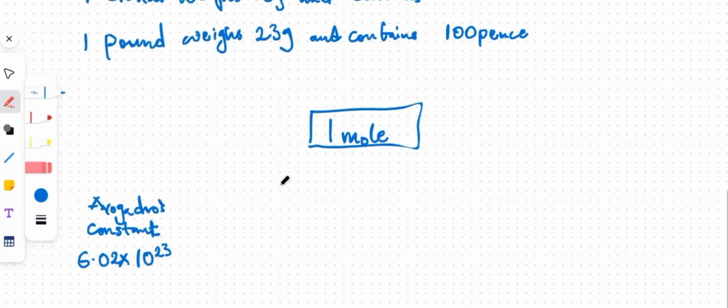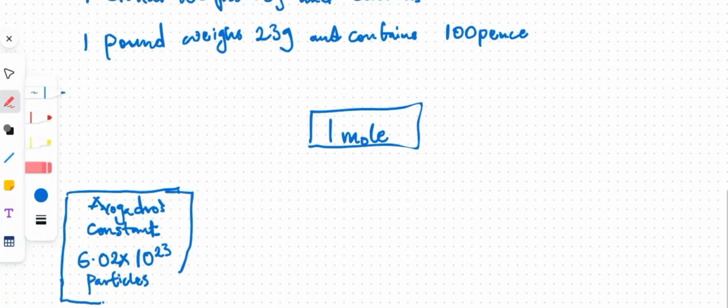This is a constant you must know. Particles, take notes, it does not have units. I told you that those elementary particles can be your what? Your atoms, your molecules, your ions, your electrons. They are all particles, just the way your cents, your kobo, your pence, they are all elementary what? Currencies.